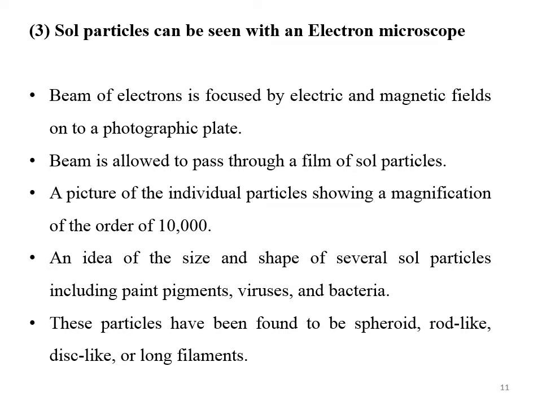Thus it is possible to get a picture of individual particles showing a magnification of the order of 10,000. It means if we have a particle of actually 10 nanometer, then we can increase the particle size of the same particle by 10,000 times on the paper.